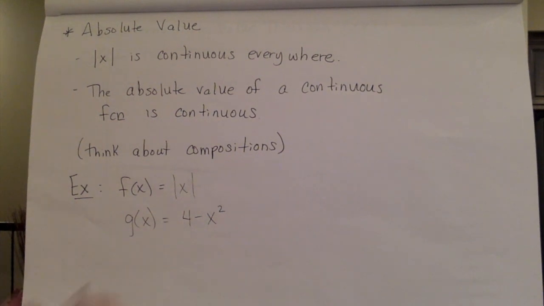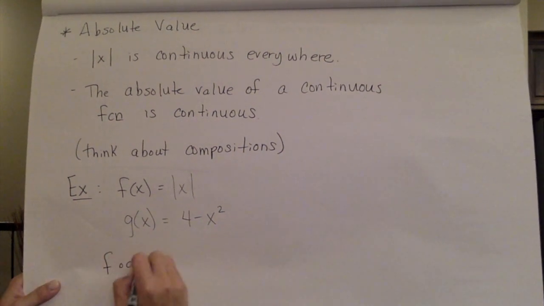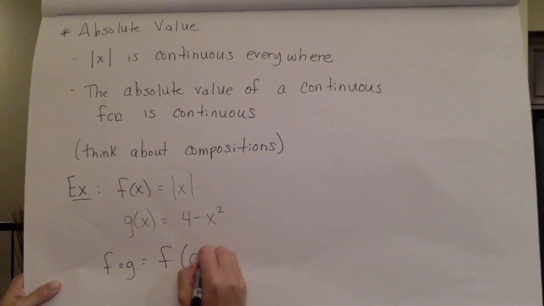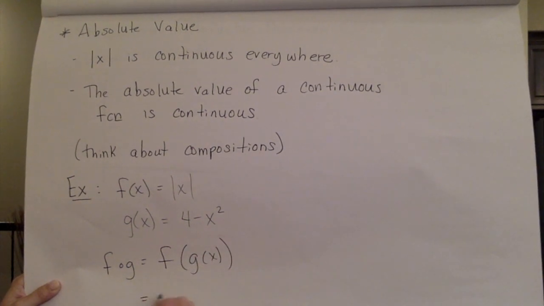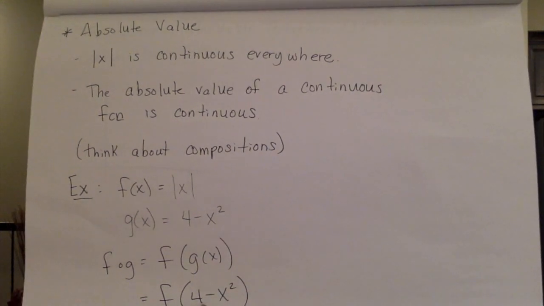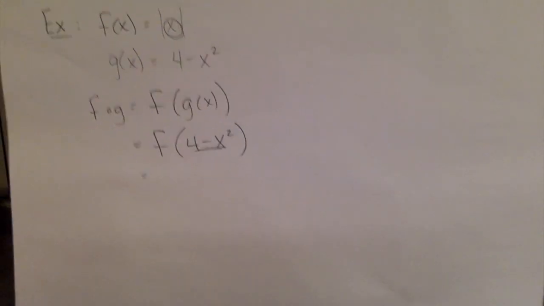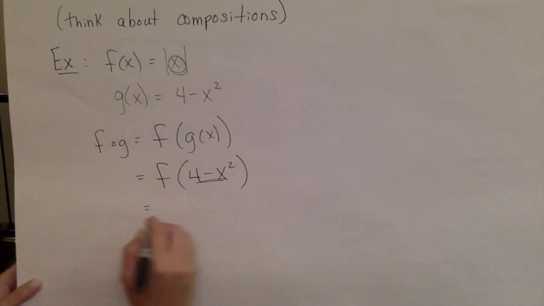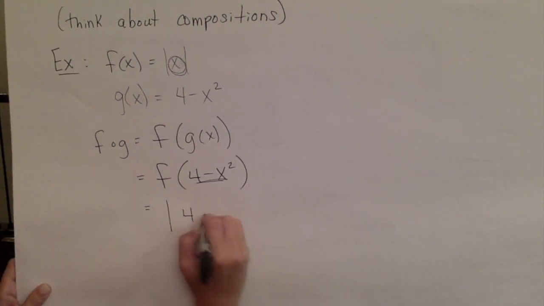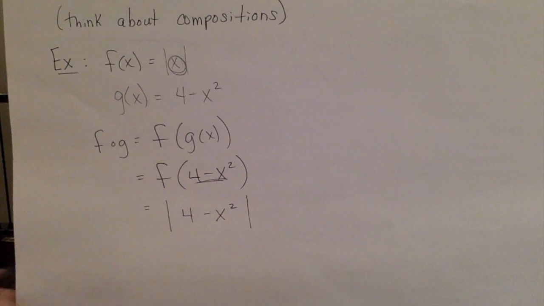Then f of g of x, or f of 4 minus x squared. Remember, this composition means that everywhere there's an x in this function, we're going to replace it with this. This would be the absolute value of 4 minus x squared.